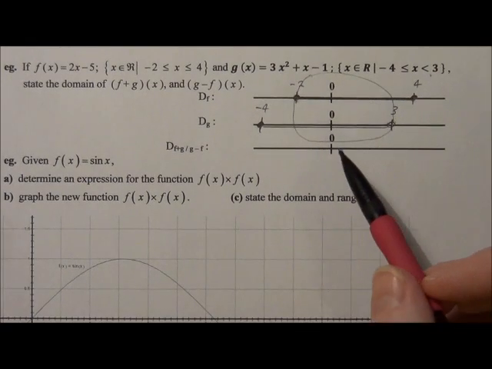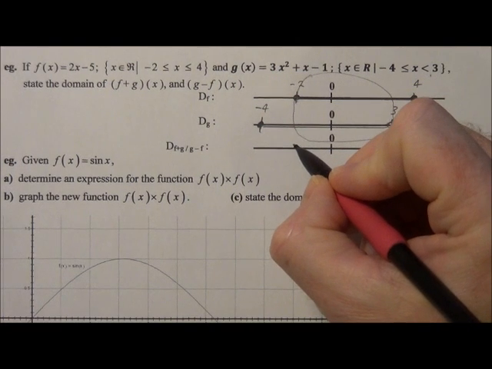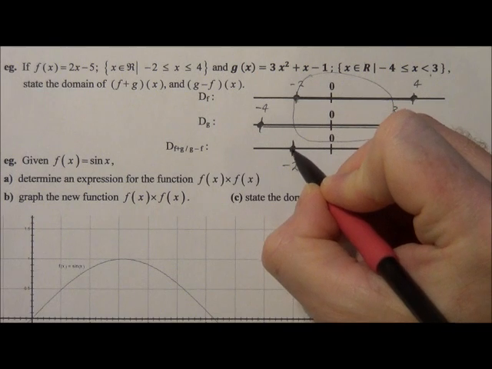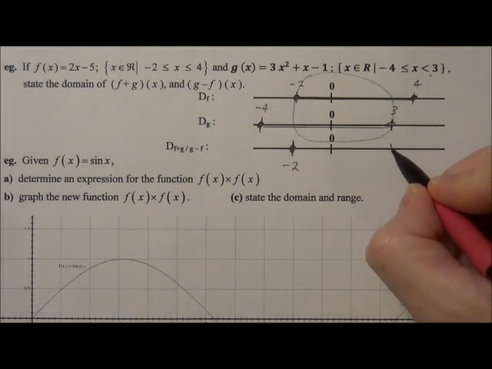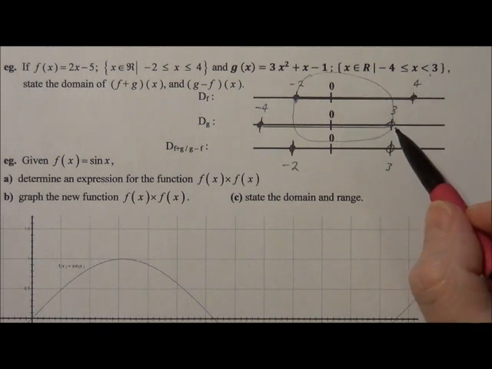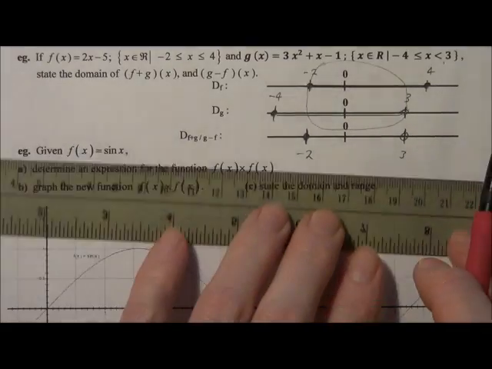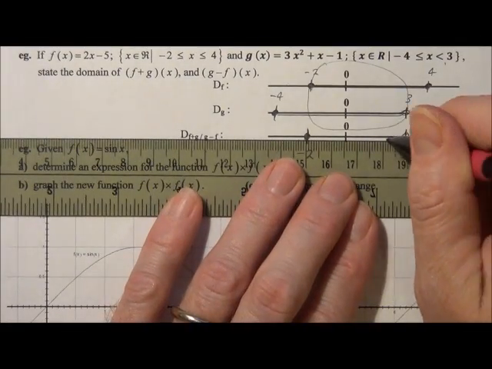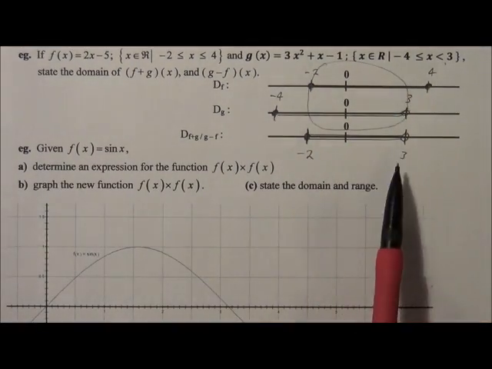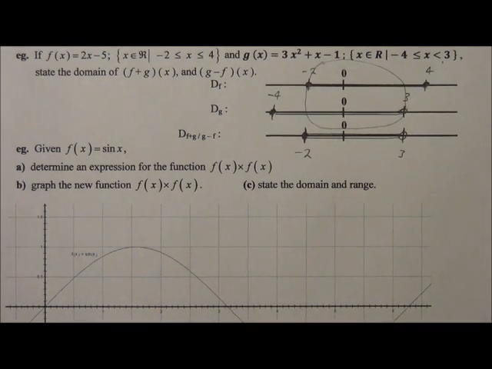So the domain for the combination of functions f plus g or g minus f is going to be -2 and including -2 up to 3, but not including 3 because the domain of g does not include 3. Okay, so that would be the domain of f plus g or g minus f of x.